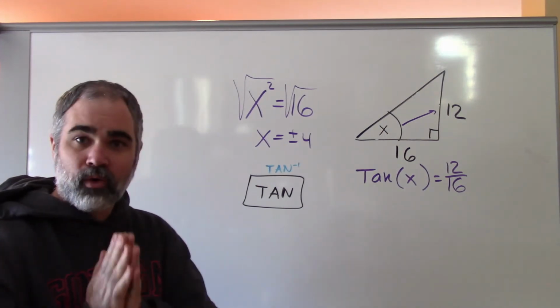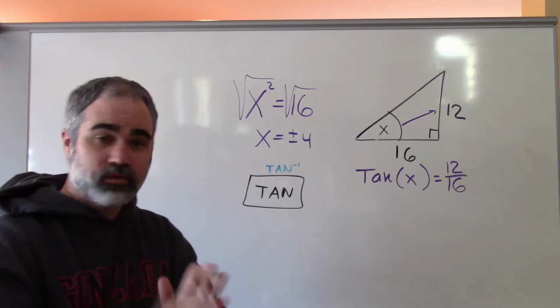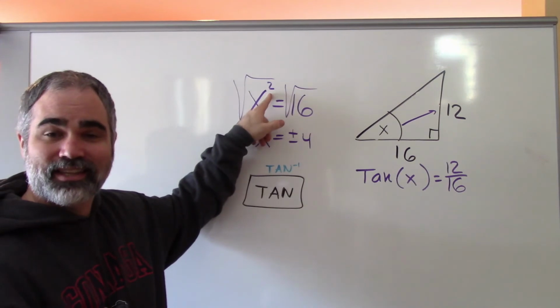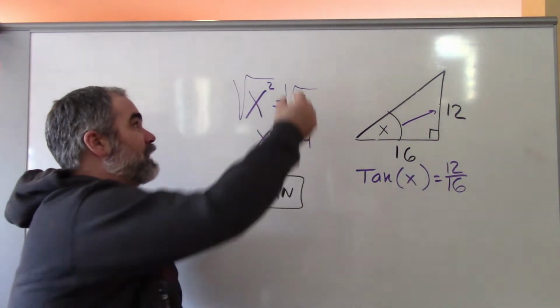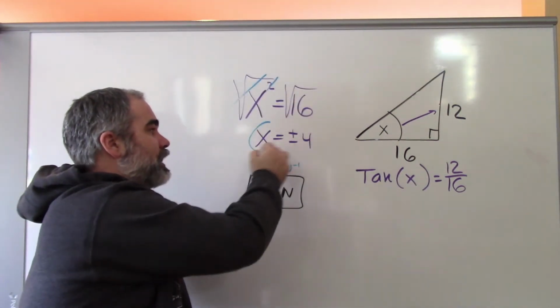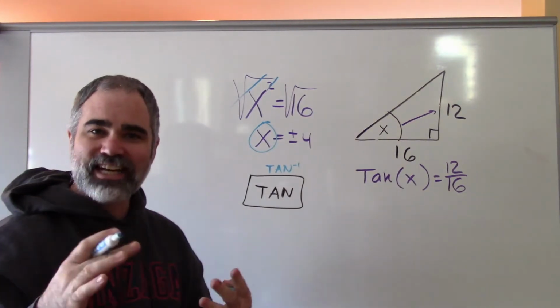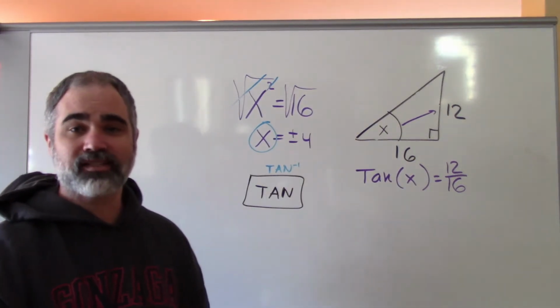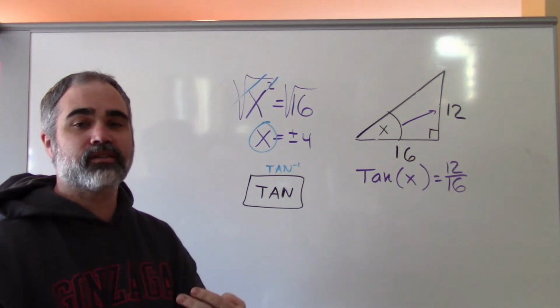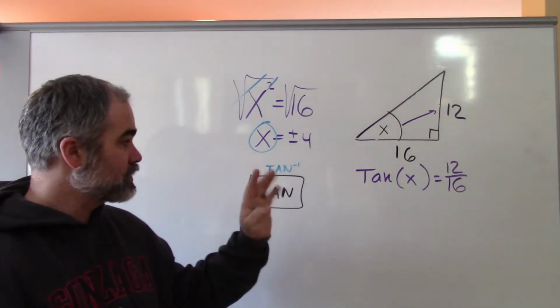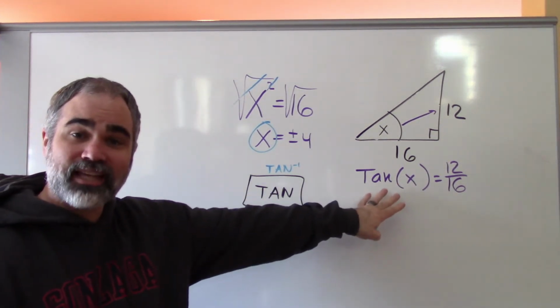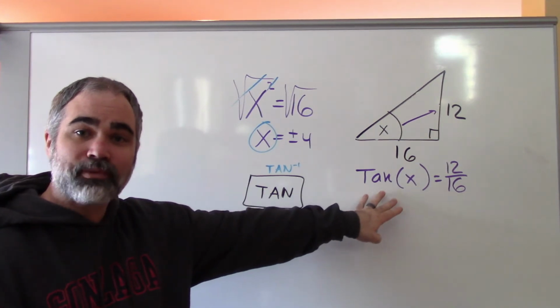And if we think about what the opposites always do, the opposites get the x by itself. When I have a square and I square root it, I get the x by itself. When I've added and I subtract, I get the x by itself. When it's 2x and I divide by 2, it gets the x by itself. So if I want to get the x by itself, I need to do the opposite of tangent.